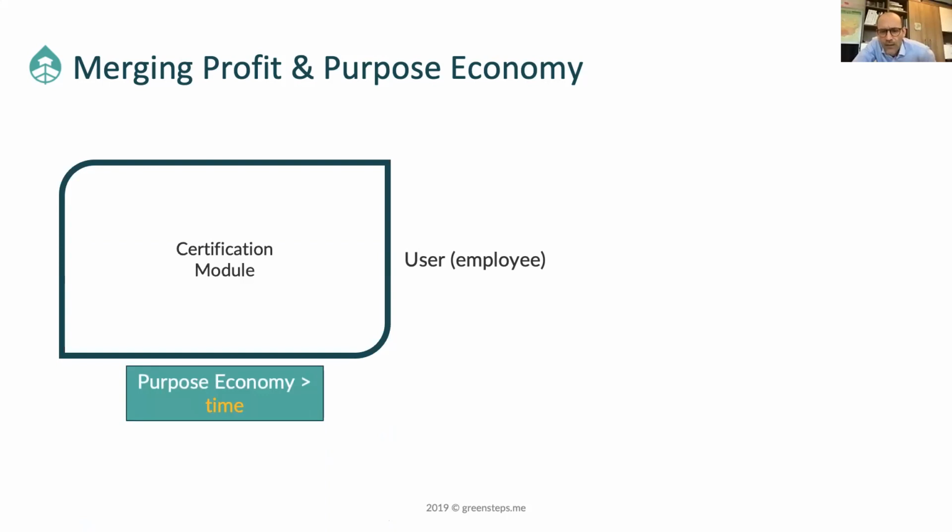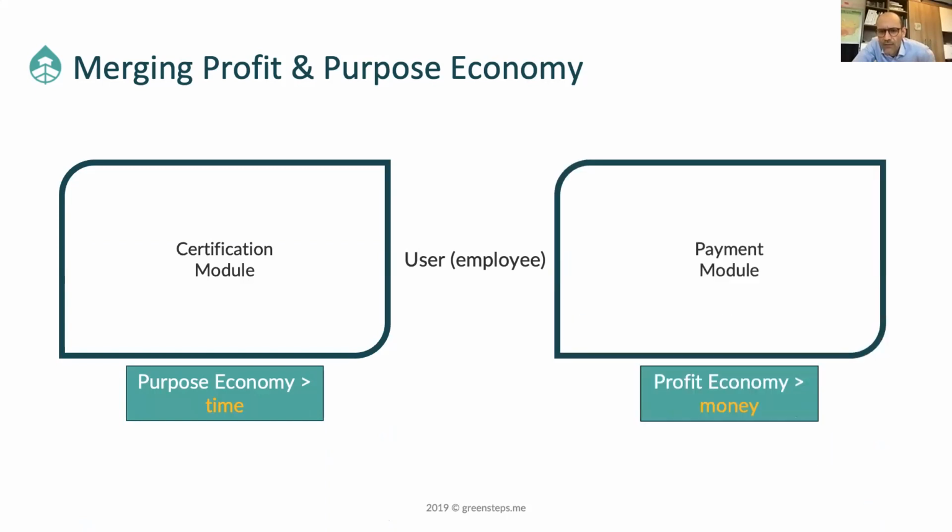And this user can access 2 modules. One is the learning module or certification module, where we basically participate in a purpose economy. The purpose economy is measured in time that creates value. Value in our communities, value in our societies. And on the other side, you see what we call the payment module.